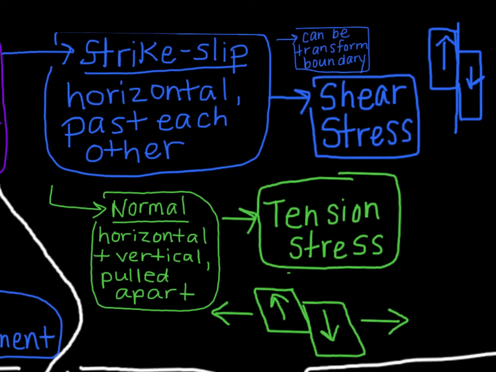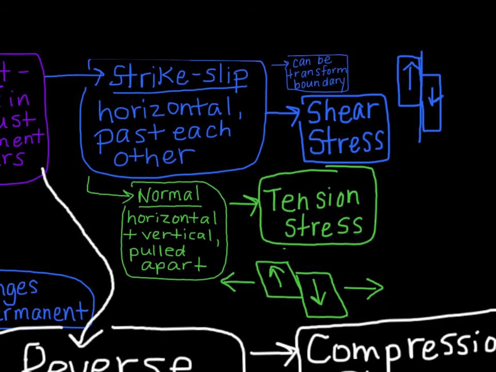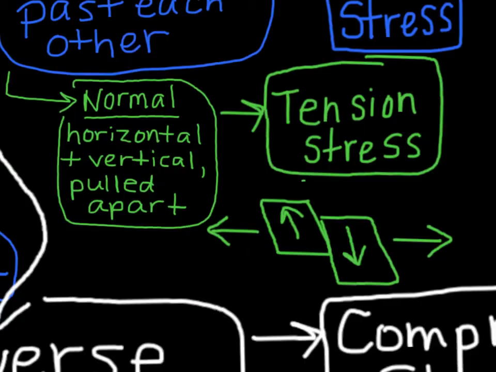The second kind of fault that we talked about was called a normal fault. A normal fault has both horizontal and vertical direction or movement, and it's caused when the pieces of rock are pulled apart. That kind of stress is called tension stress.